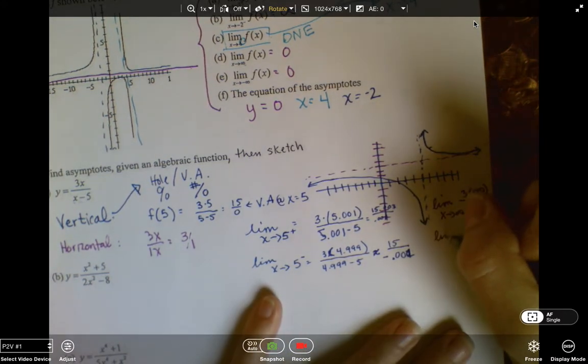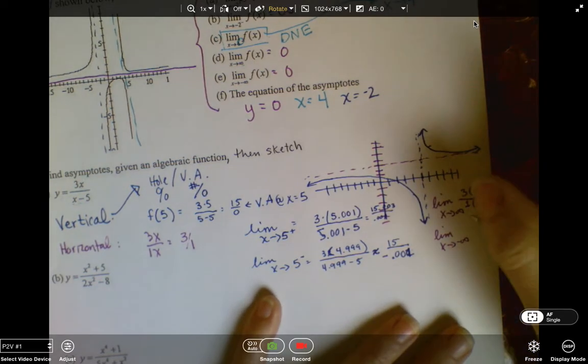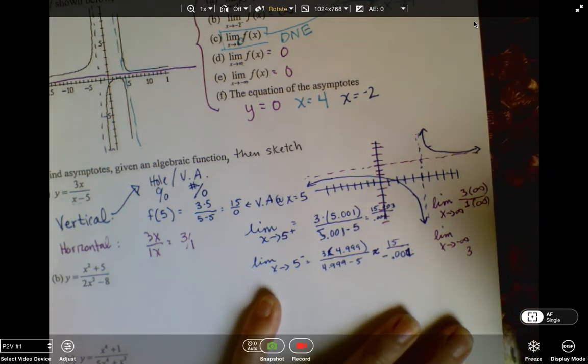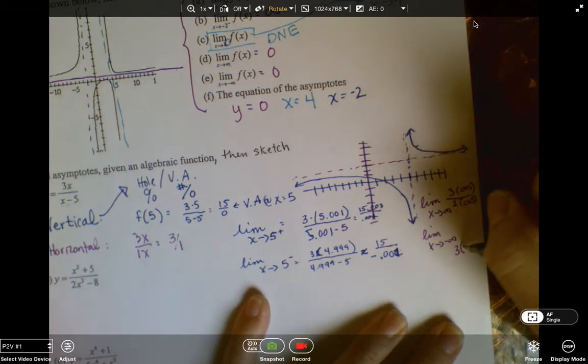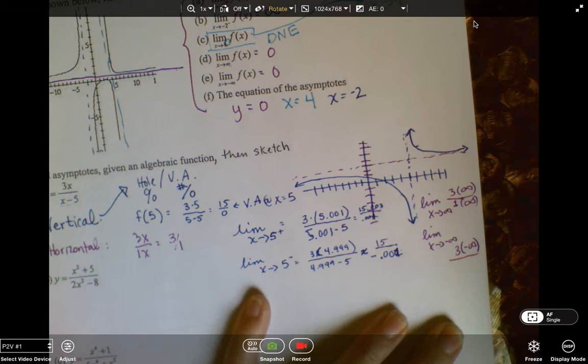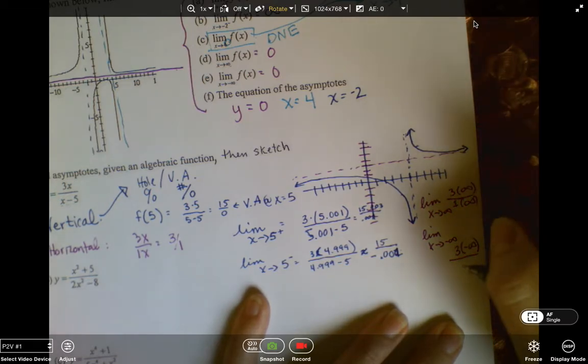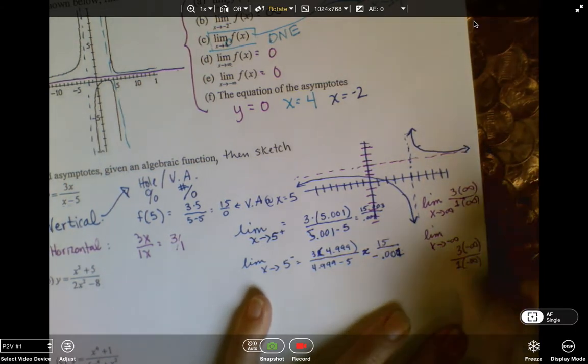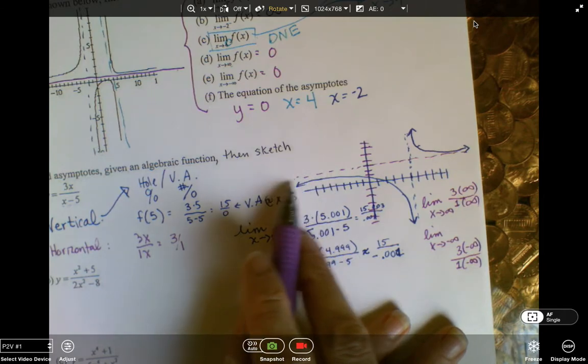The limit as x approaches negative infinity would be 3 times negative infinity over 1 times negative infinity, and that's going to get us still about 3. So this guy's going to be coming towards 3.